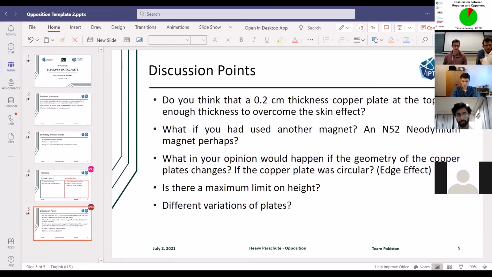Now, if the magnet could be infinitely strong, then we wouldn't have a height limitation.